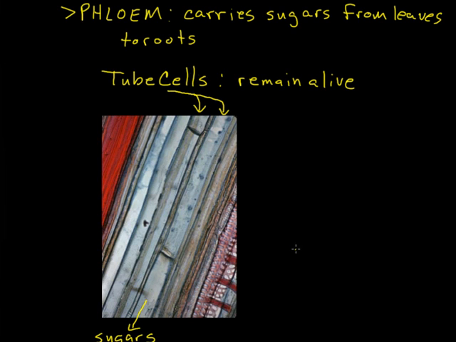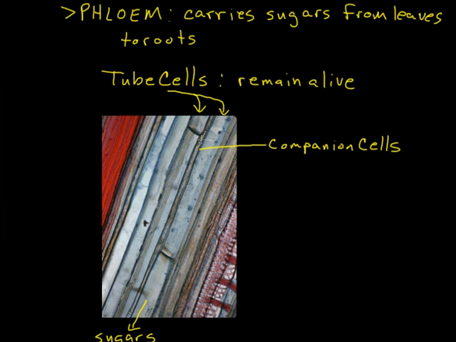Now, I just mentioned that they remain alive, and another type of cell often or always resides next to these tube cells, and they're called the companion cells. Companion cells are also long, but they're not thick. They don't form tubes.